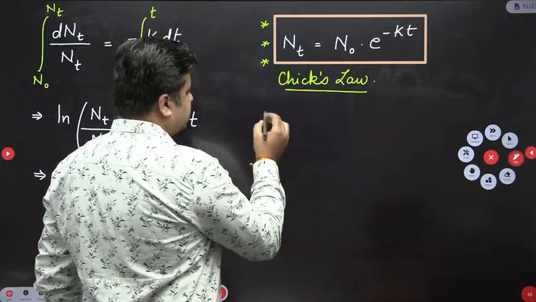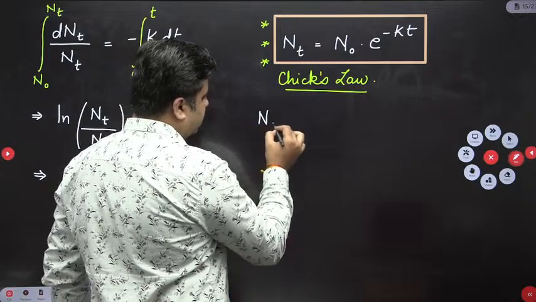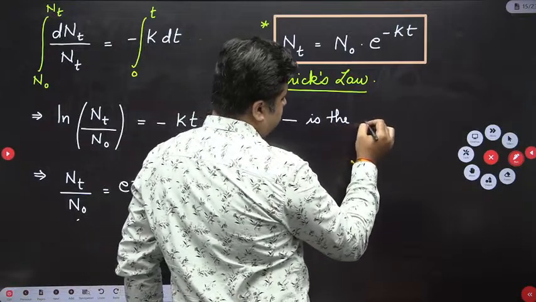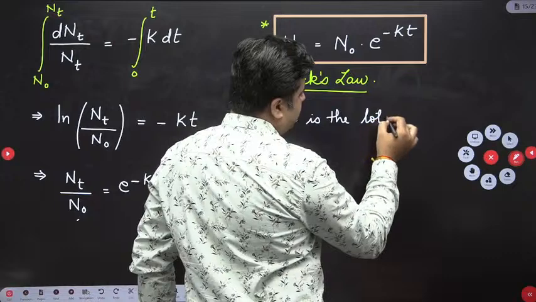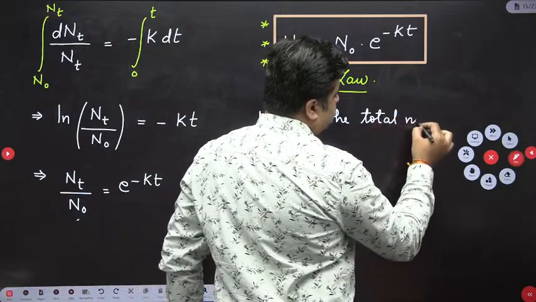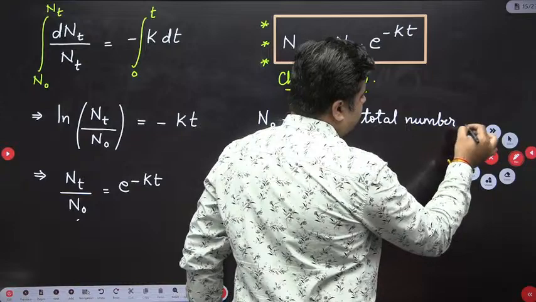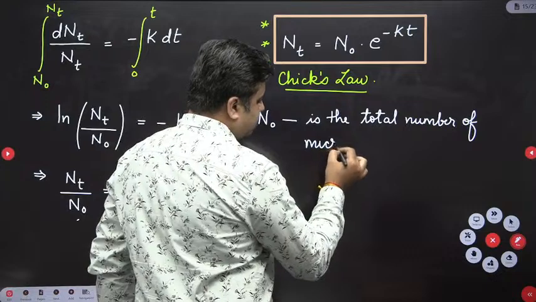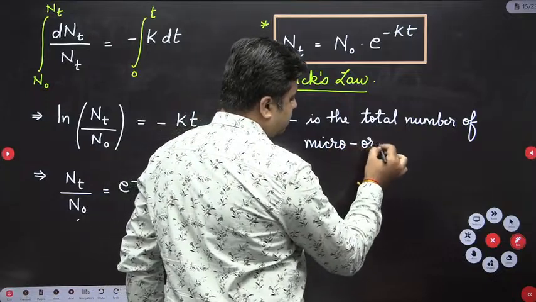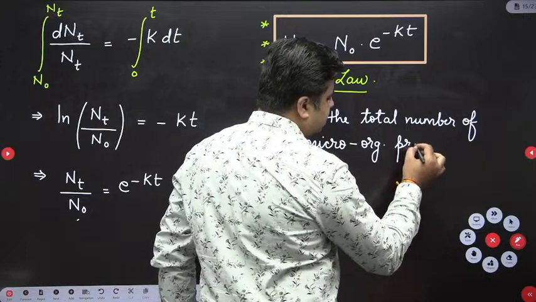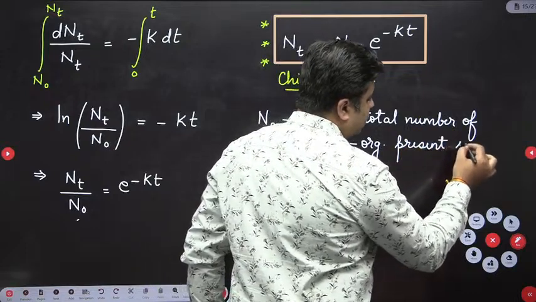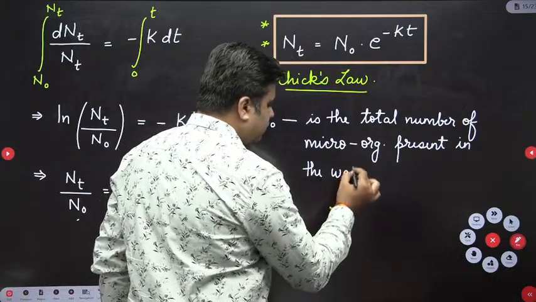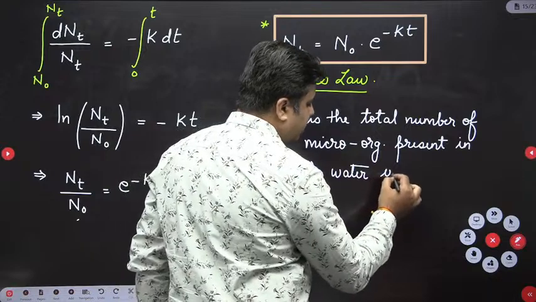N naught is the total number of microorganisms present in the system, or present in the water sample initially.